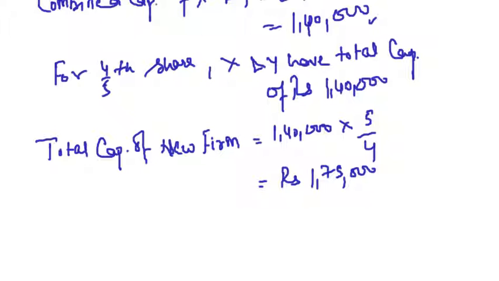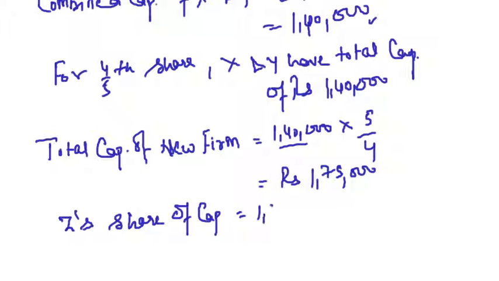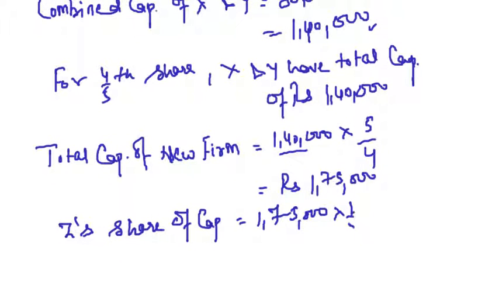Out of this, 1,40,000 is the capital of the old partners, and now we can identify Z's share of capital. He has to bring in capital that is proportionate to his share of profit. So I will say 1/5 here. How much capital will he be bringing? Rupees 35,000. Clear, friends?